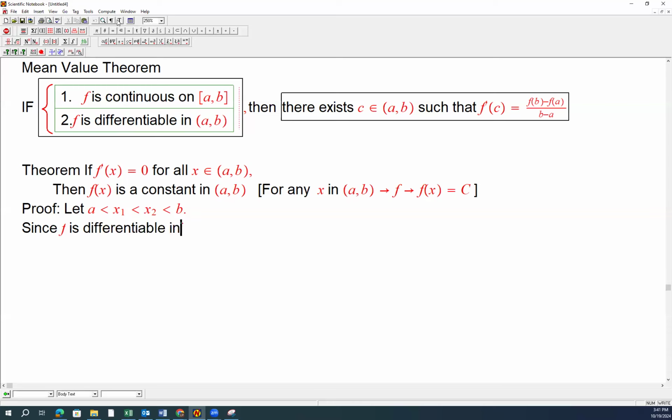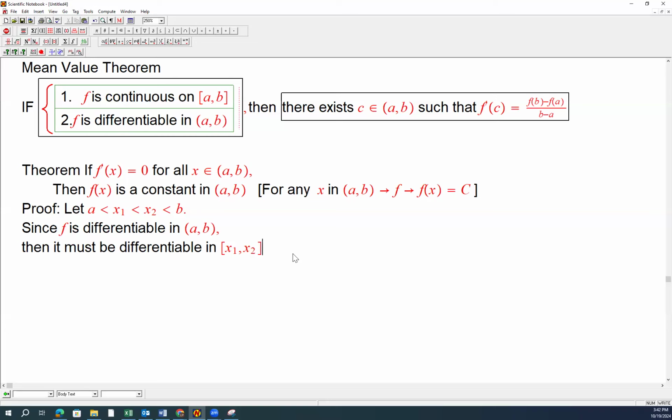Since f is differentiable in the interval (a, b), then it must be differentiable in the interval that's inside of it. It must be differentiable in x sub 1 and x sub 2, the closed interval.